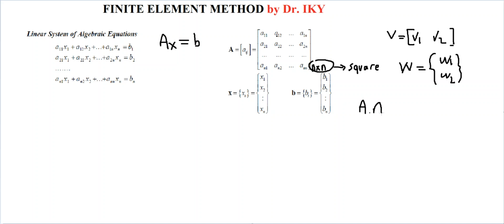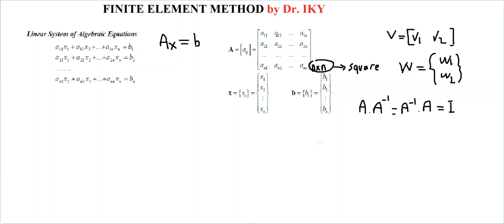Or matrix inversion, maybe we will use it in the future. A matrix A will be multiplied by the inverse of A. So I can write something like that: inverse of A multiplied by A is equal to the identity matrix.